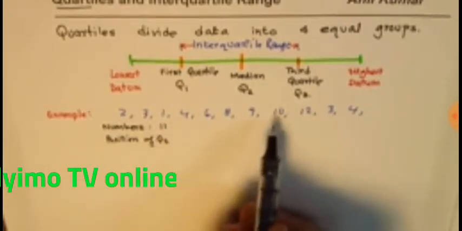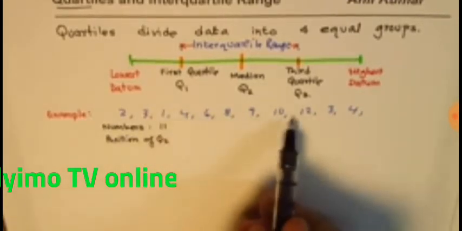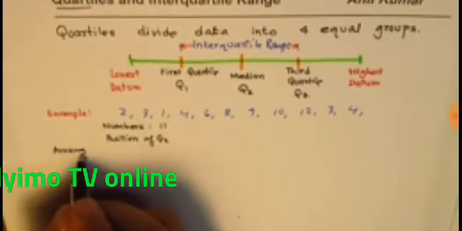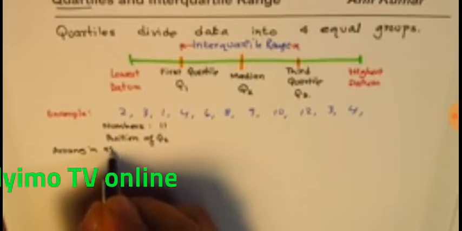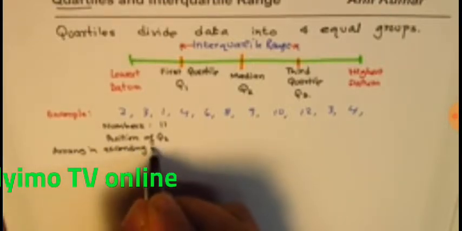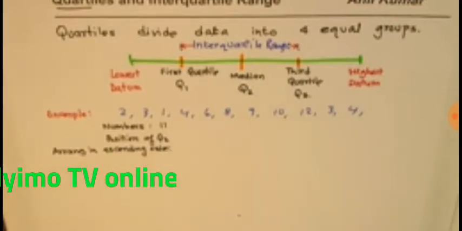So the first step should always be to arrange them in a particular order. Let's arrange them in ascending order, that means increasing order. So let's rewrite our numbers, arranging them in ascending order.